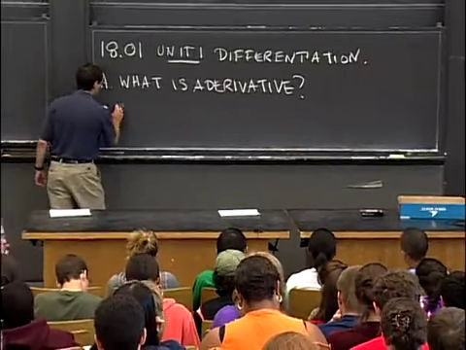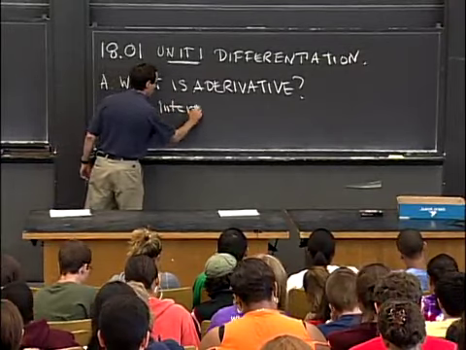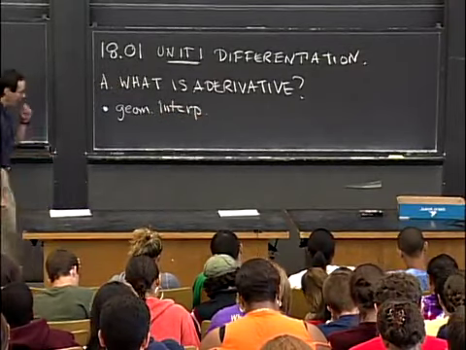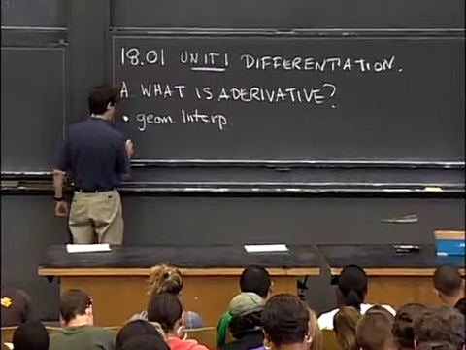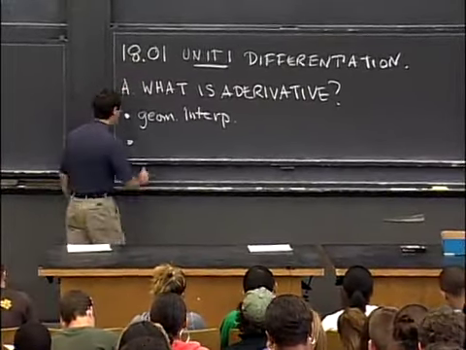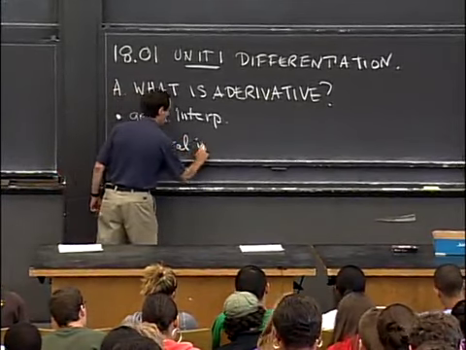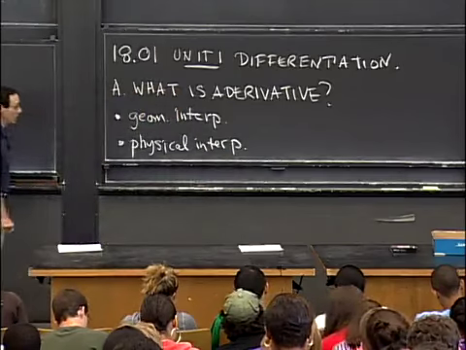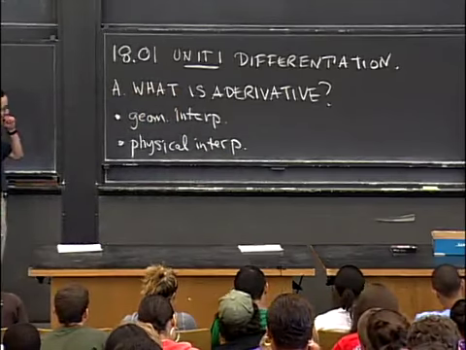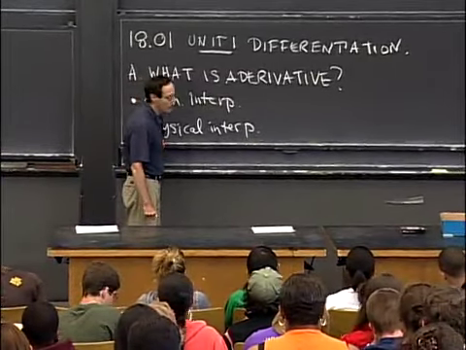And the first one is the geometric interpretation. And that's what we'll spend most of today on. And then we'll also talk about a physical interpretation of what a derivative is.